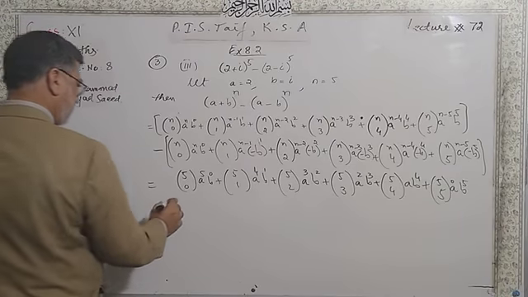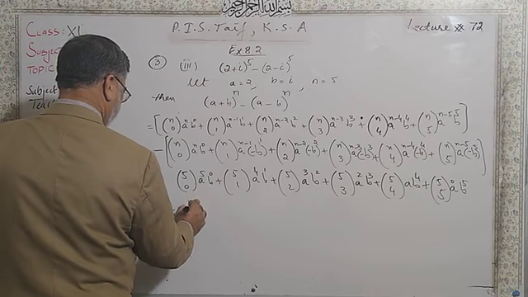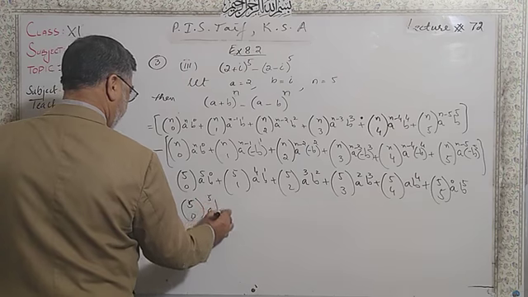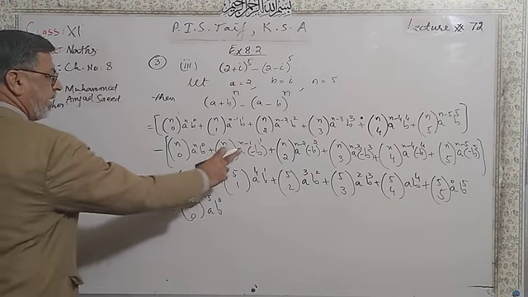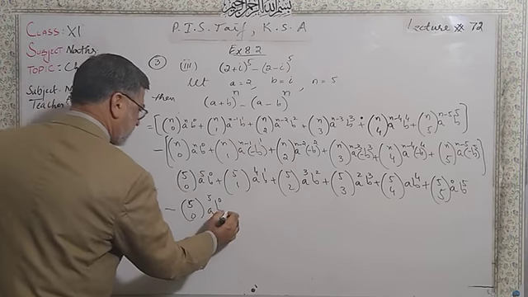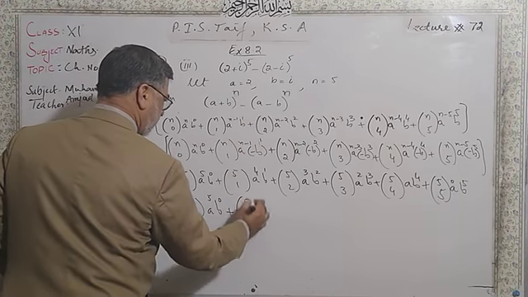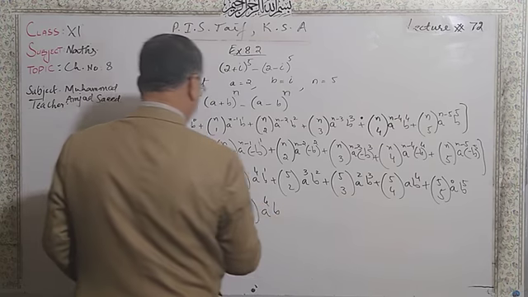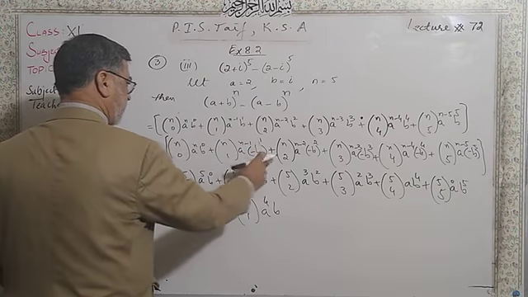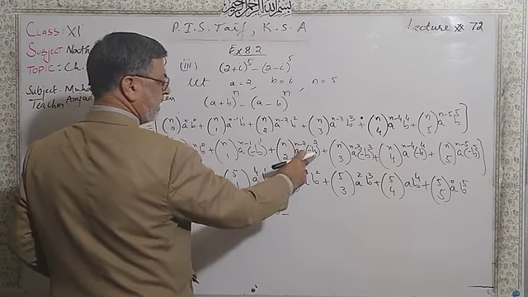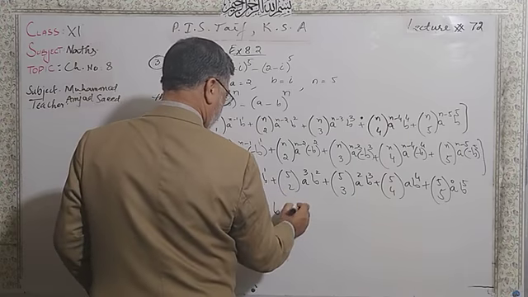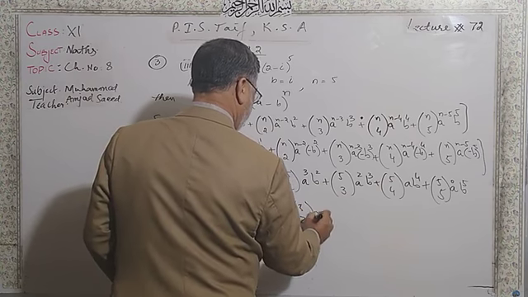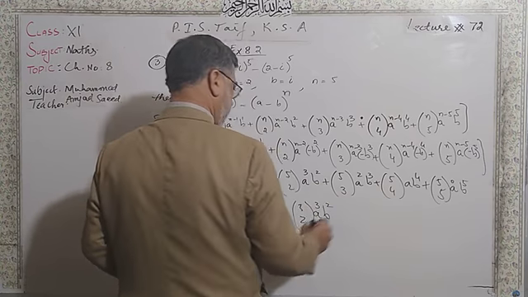After that we have minus 5C0 a^5 b^0, here was minus plus 5C1 a^4 b. Then this is plus because of plus minus, because minus b square is b square. So there will be a negative sign because of outside: 5C2 a cube b square.